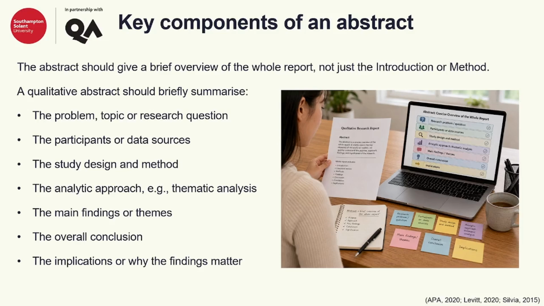If appropriate, you might mention that the analysis followed a broad and close approach. The method should be described concisely. The abstract is not the place to explain every analytic step, every ethical procedure, or every material used in the study.